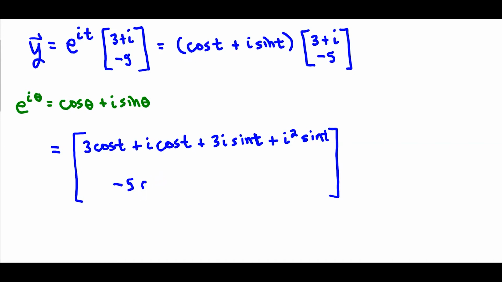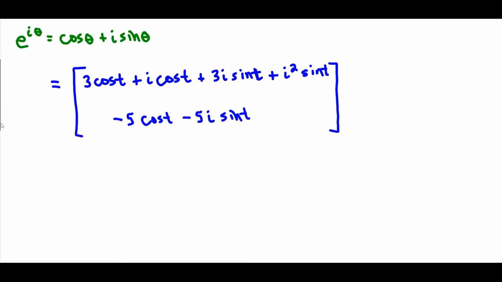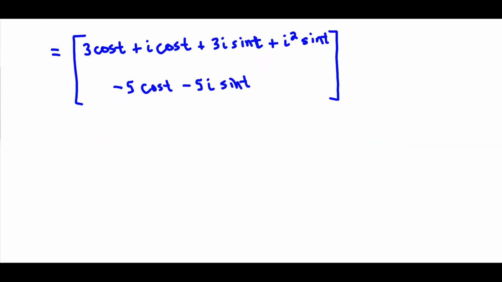So we get -5 cosine t minus 5i sine t. So this i squared we can replace with -1, right? Because i is equal to the square root of -1. So if we square i, we're just going to get -1.